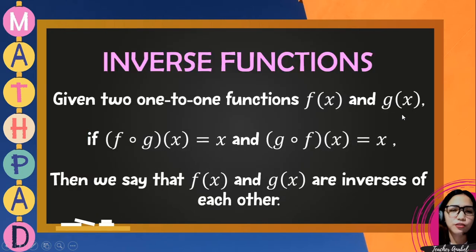So let us now define inverse function. Given two one-to-one functions, f of x and g of x, if f of g of x is equal to x and g of f of x is equal to x, then we say that f of x and g of x are inverses of each other.